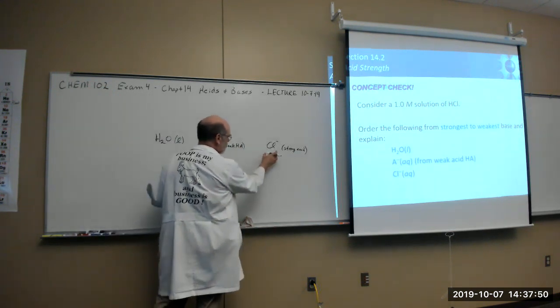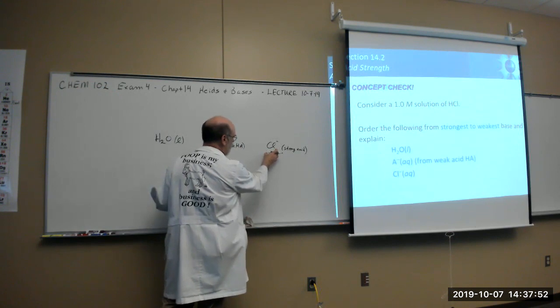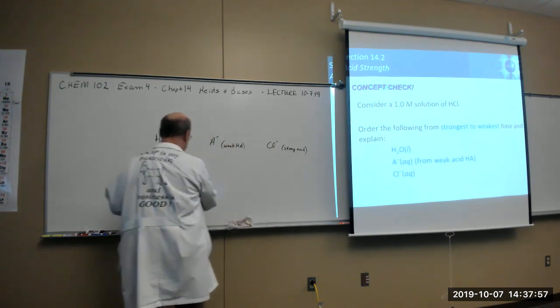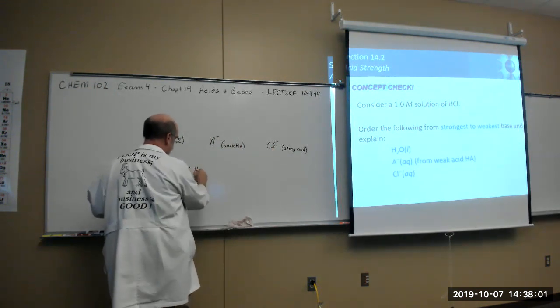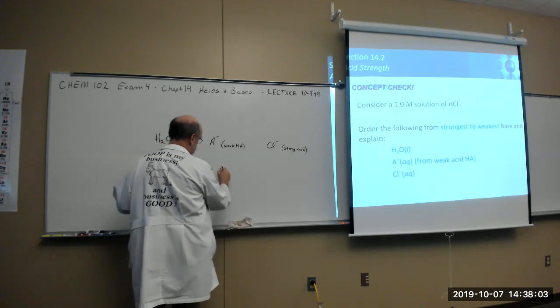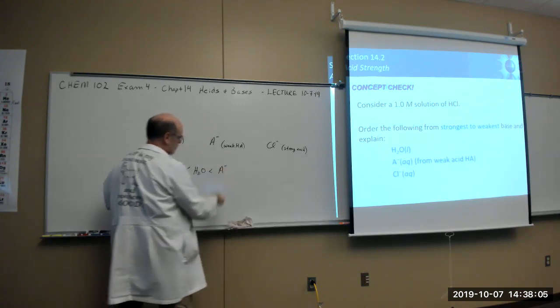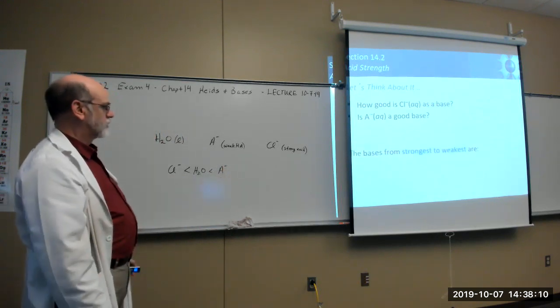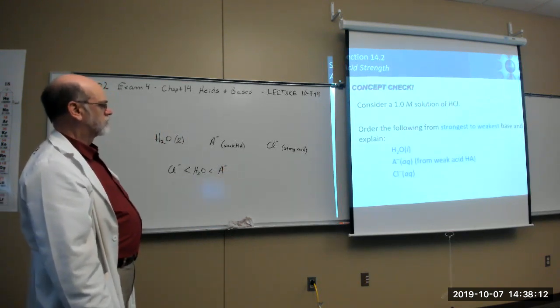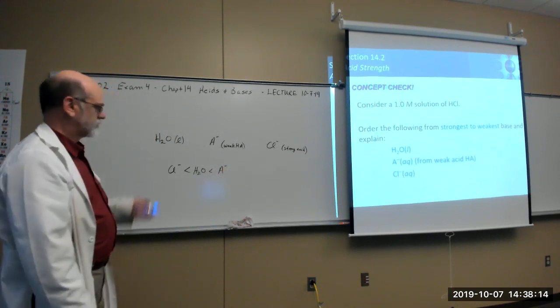So if this came from a strong acid, it's going to be a weak base, right? So this is a weak base, then water in the middle. That is the strongest base right there. Oops. Oh, I thought it was going to tell us. Well, that's the answer.